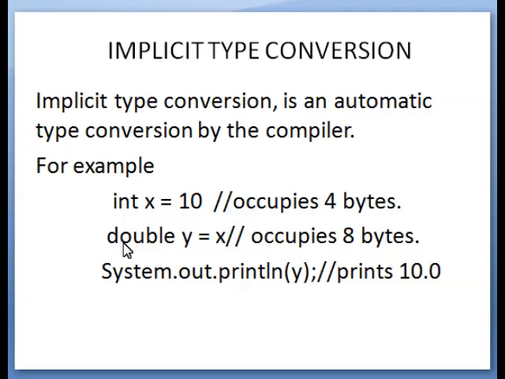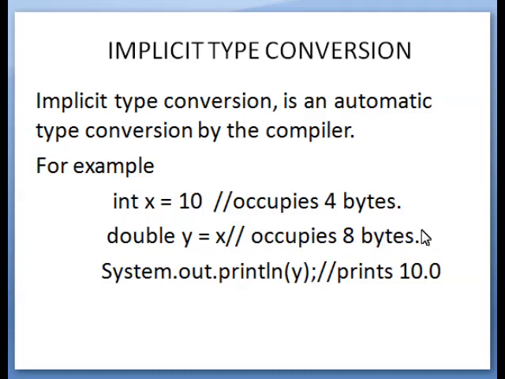Float is for small decimal values, for example 12.003, 13.2. For these numbers we use the data type float. Double is used if the decimal value is longer, like 0.0000 and 45, the number going on like this. At that time we will use the data type double. It occupies 8 bytes in the memory space.